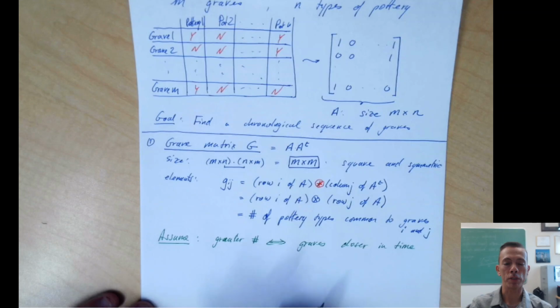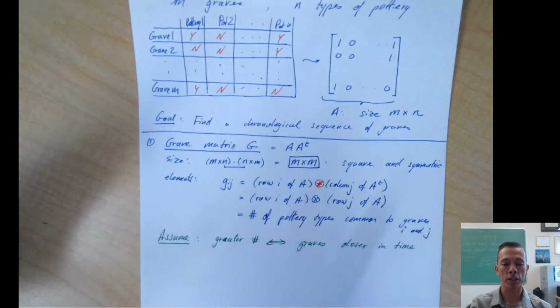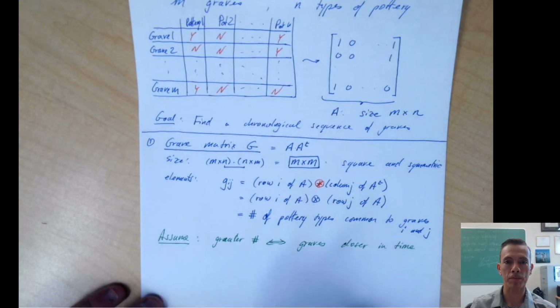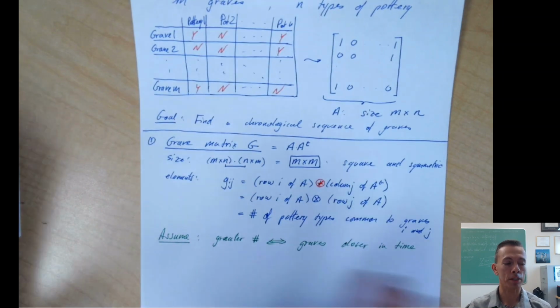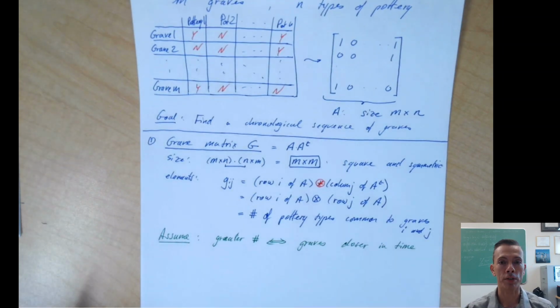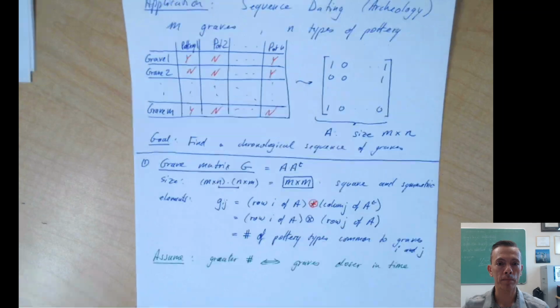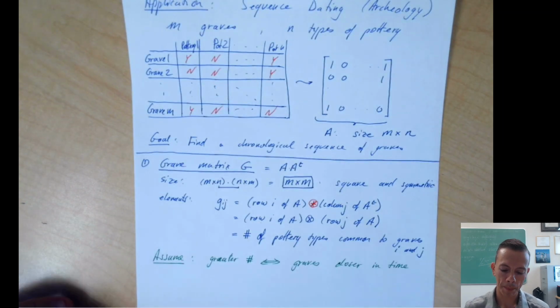You can use that to cluster the graves in terms of common eras and look at which one of them occurs in what sequence versus the others. Okay, so that's the grave matrix.